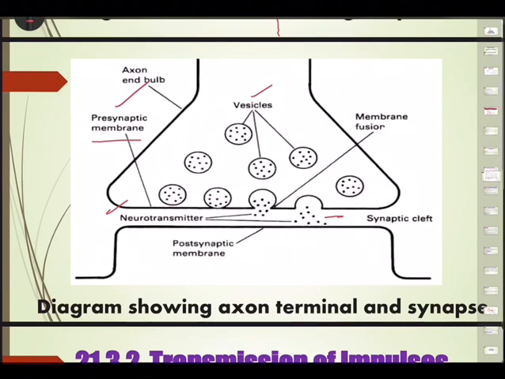The membrane of the synaptic knob nearest to the synapse forms the presynaptic membrane, and the membrane of the dendrite is called the postsynaptic membrane. So you have two membranes, presynaptic membrane and postsynaptic membrane. These membranes are separated by a gap called the synaptic cleft.